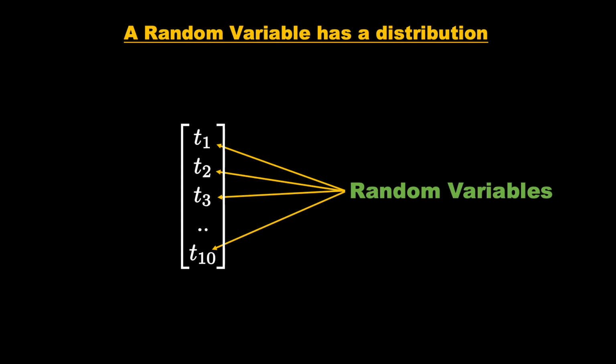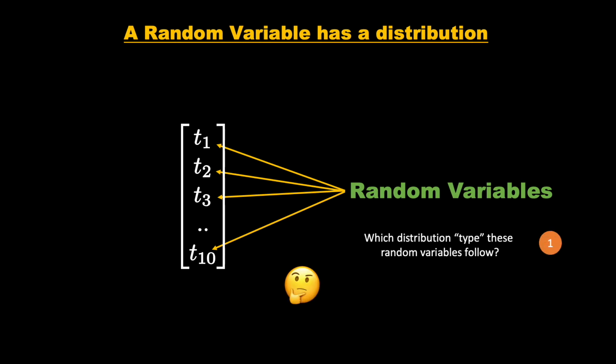The central characters in this story today are indeed these random variables that correspond to the target variables of our model. And this formulation should make us think about various questions and scenarios. For example, which distribution type do these random variables follow? Here, type could be discrete or continuous, or maybe even a specific distribution type.